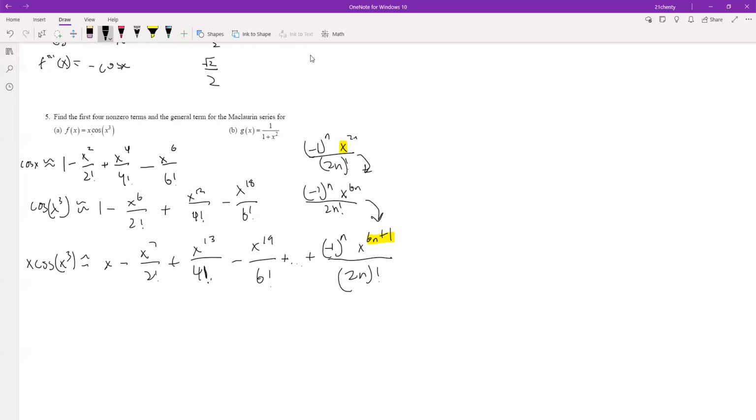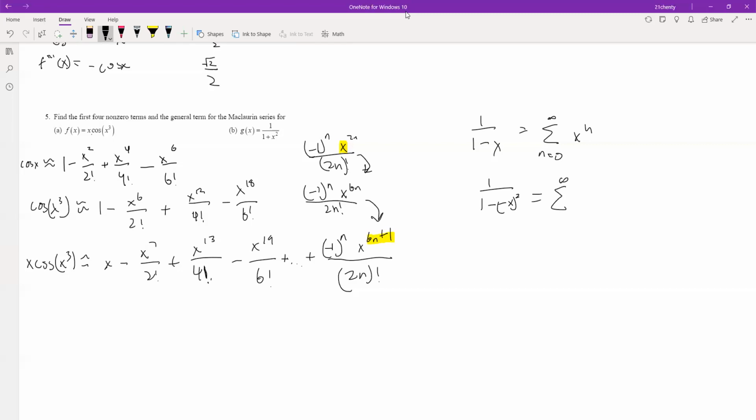So now we'll do 1 over 1 plus x squared. This one is pretty easy because we know that the power series is just 1 over 1 minus x, which equals this, right? So this is just replaced with an x squared, and it's a negative x squared. So 1 over 1 minus negative x squared.